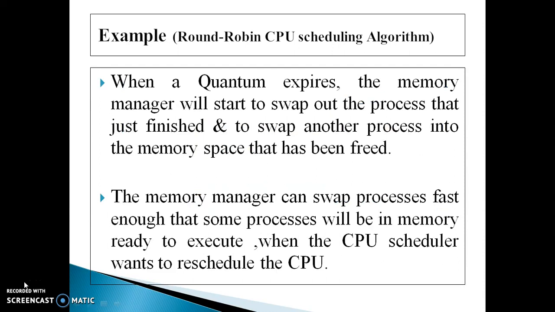When a quantum expires, the memory manager will start to swap out the process that just finished and to swap another process into the memory space that has been freed. In the meantime, the CPU scheduler will allocate a time slice to some other process in memory. When each process finishes its quantum, it will be swapped with another process.